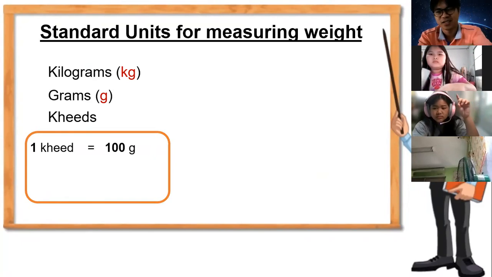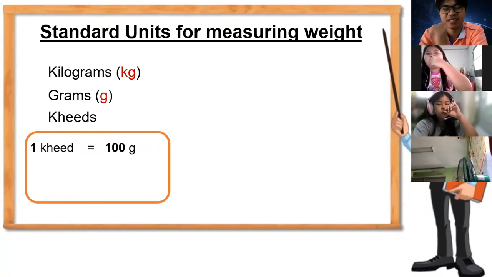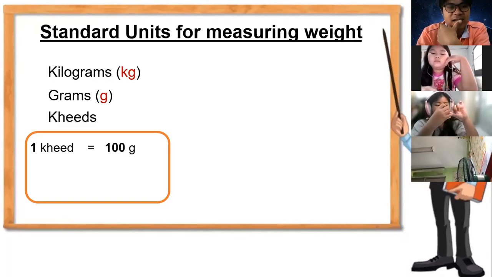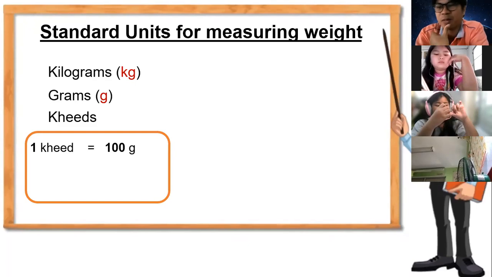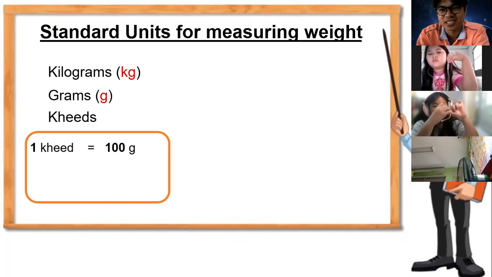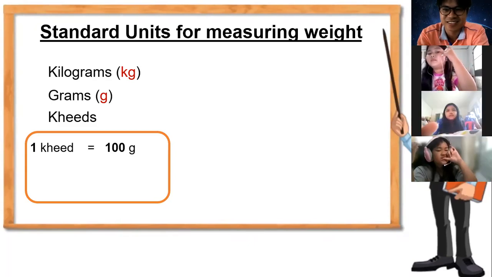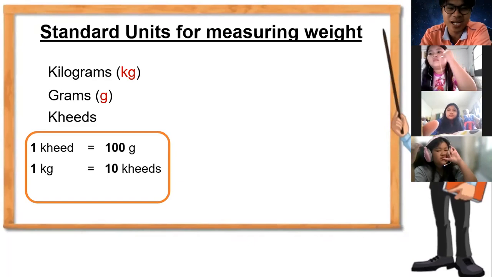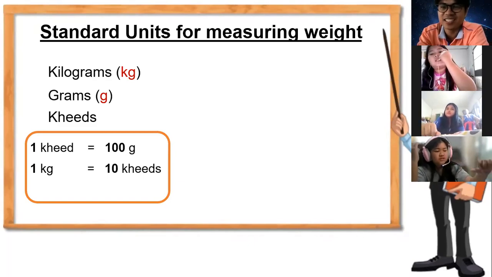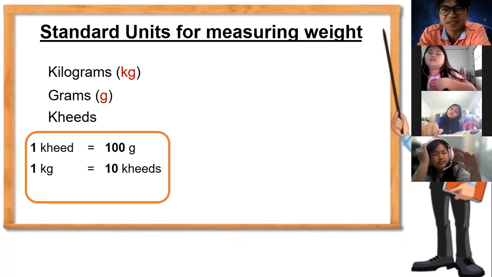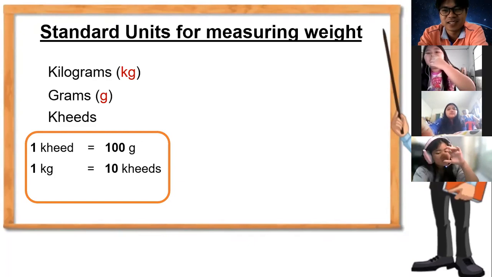In 1 kilogram, how many kids? Do you know? 1 kilogram is equivalent to 10 kids. 1 kilogram, how many grams? 1,000 grams.